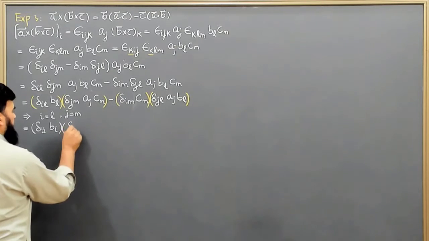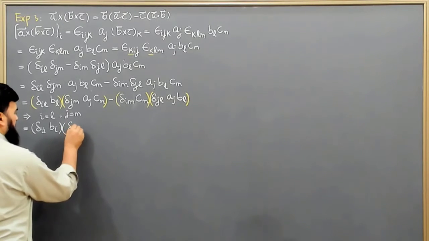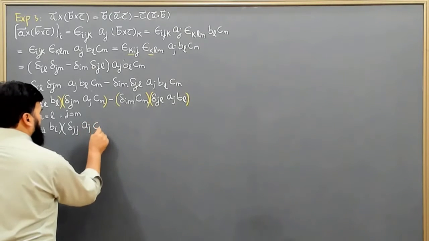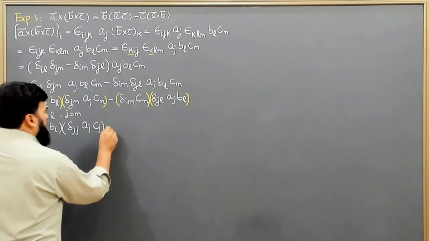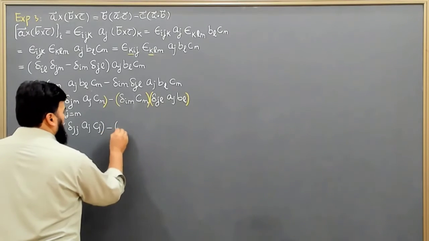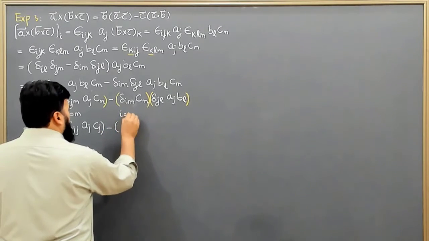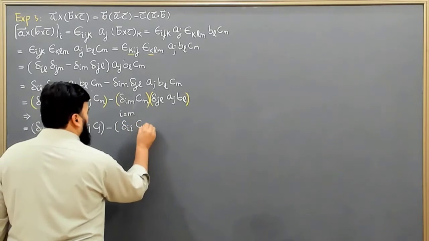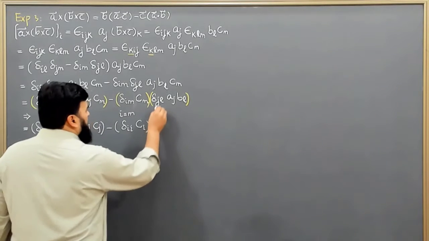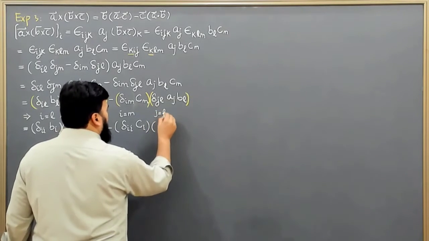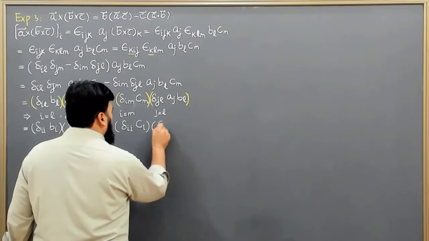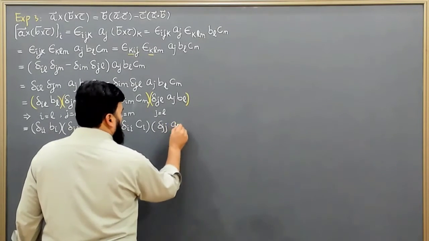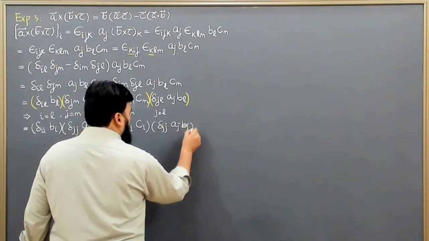So we will write delta jj and A_j C_j, minus, for i equals m, I write delta ii and C_i, and this one for j equals l, I write delta jj and A_j B_j.